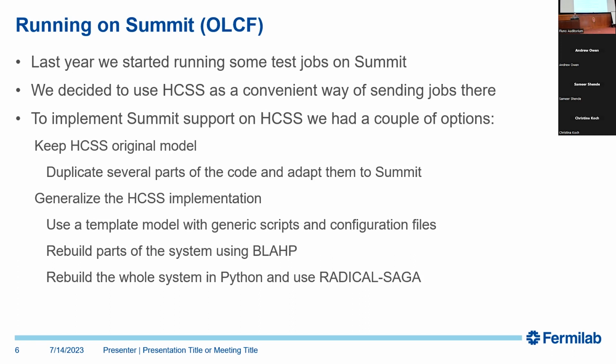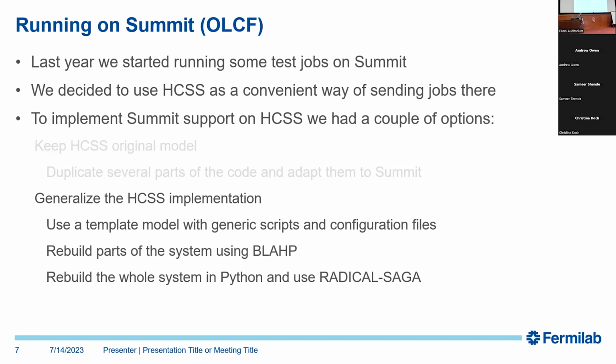So we had a couple of options here that we had to think about. Either we would reuse the same model that we had before, which is replicating that template and making the code changes that we would need to make sure it would run on Summit for CMS, which was the experiment in question we were trying to run jobs there. Or we could generalize the Split Starter implementation and make sure we would do it once, and we would then be able to run across several sites for several experiments.